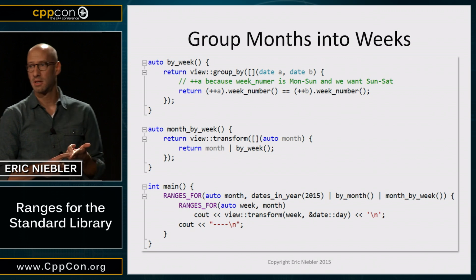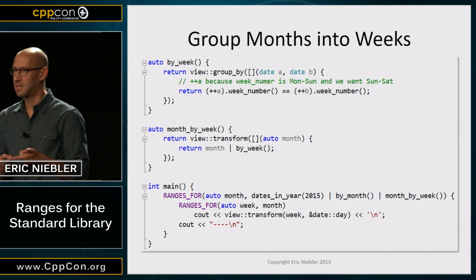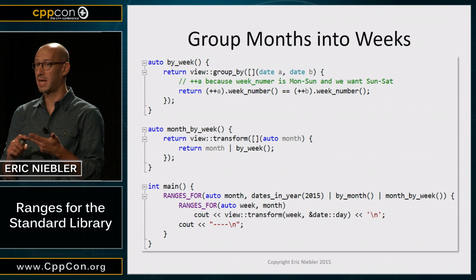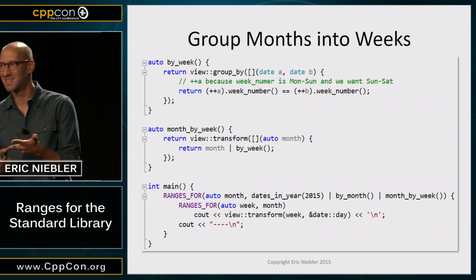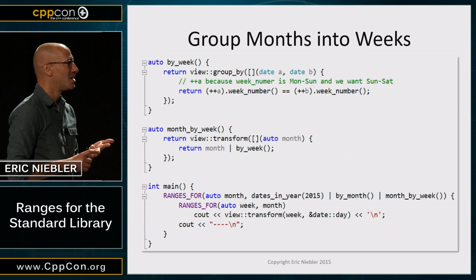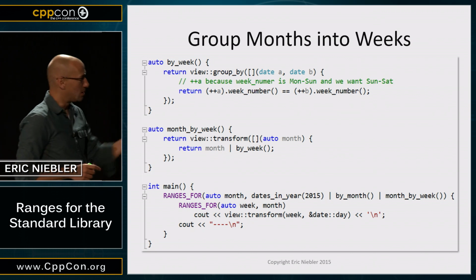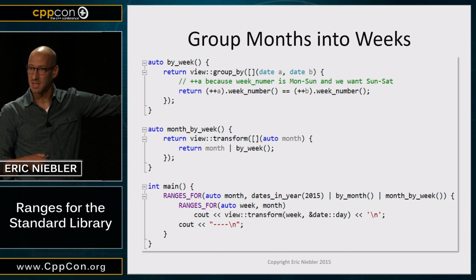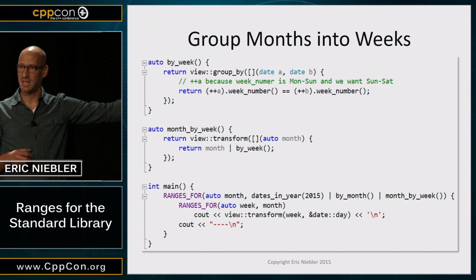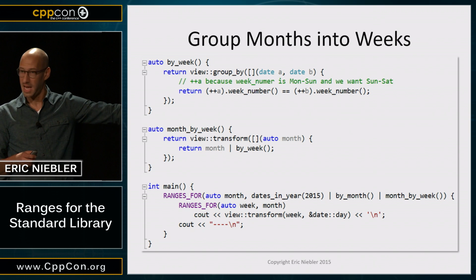And month by week takes a range of dates and turns it into a range of ranges of dates. So things are getting pretty interesting now, right? So now we can loop over the months, and then in each month we can loop over the weeks, and each week is itself a range of dates.